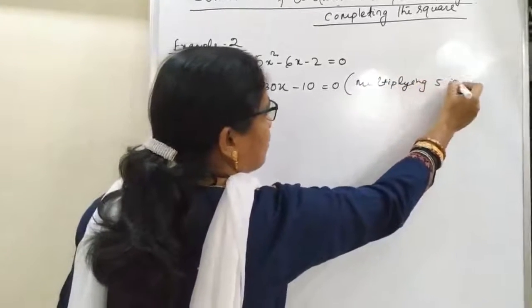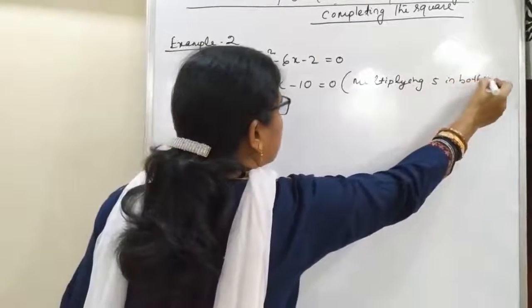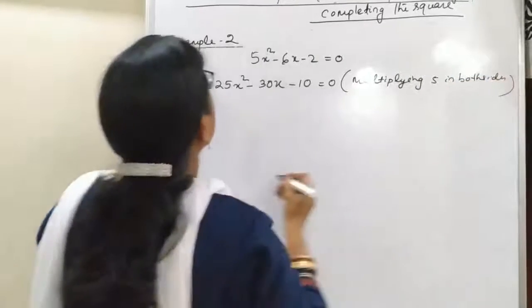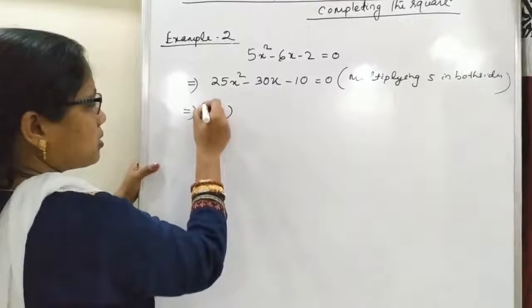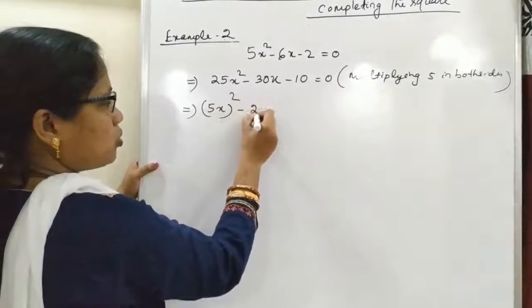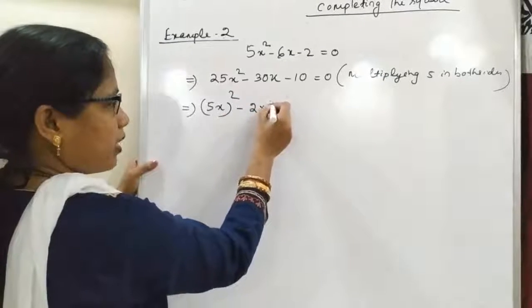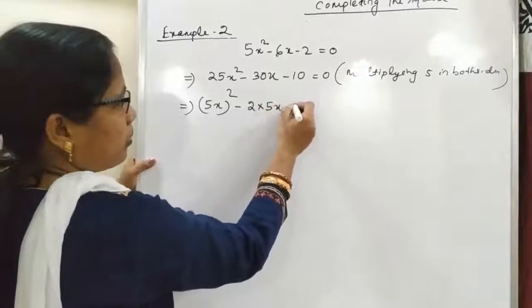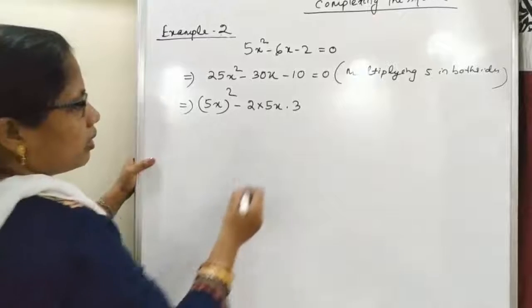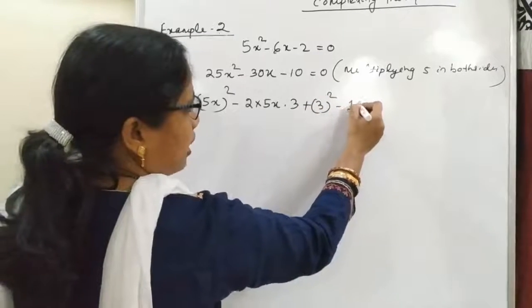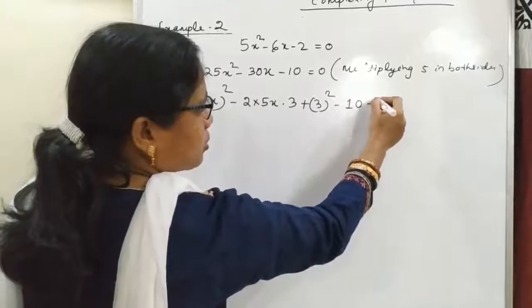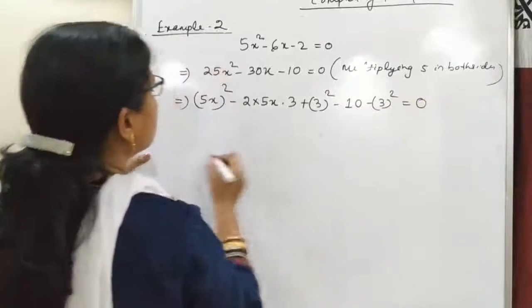Then this is 5x whole square minus 2 multiplied with 5x then multiplied with 3 plus 3 square minus 10 minus 3 square is equal to 0.